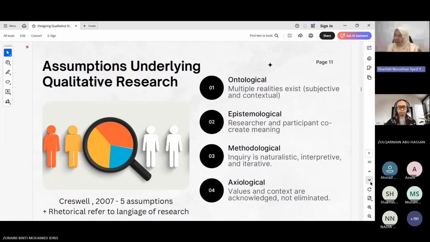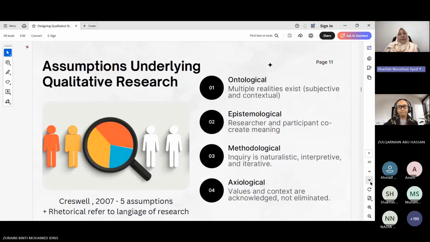Any other question? Assalamualaikum, Prof. Waalaikumsalam. My name is Zulkarnain. Prof, my question is, in terms of this assumption, what if I use another paradigm such as pragmatic, constructivist, positivist? Is that considered as an assumption as well?